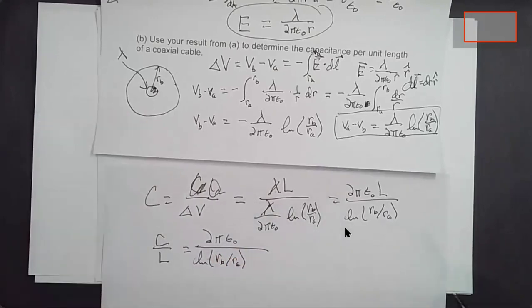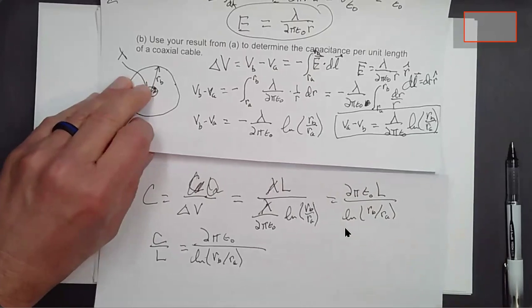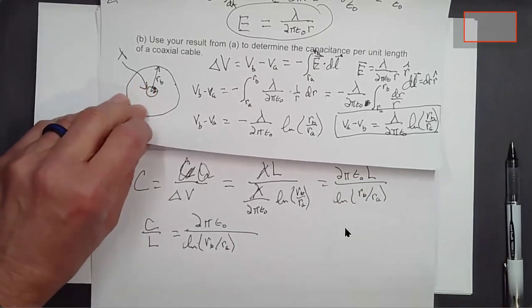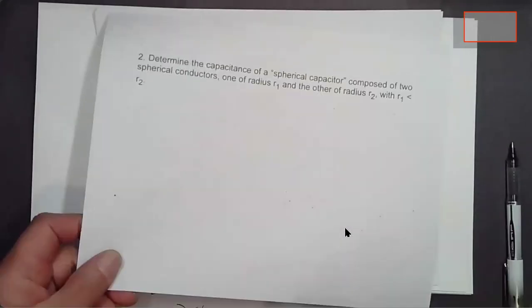And so if you want more capacitance in your coaxial cable, you just double the length. So that's kind of easy to figure out. Okay, now we're not going to find any practical use for that capacitance in our class, but that's just something that you could do.